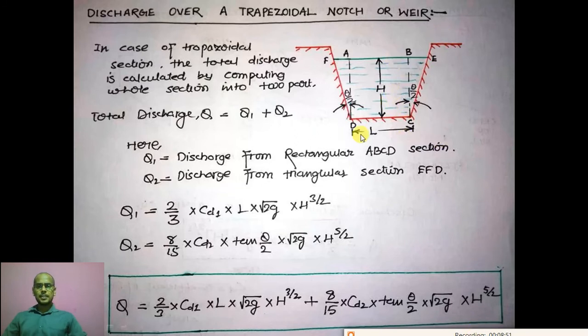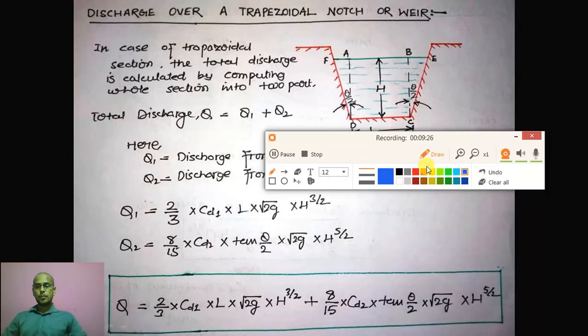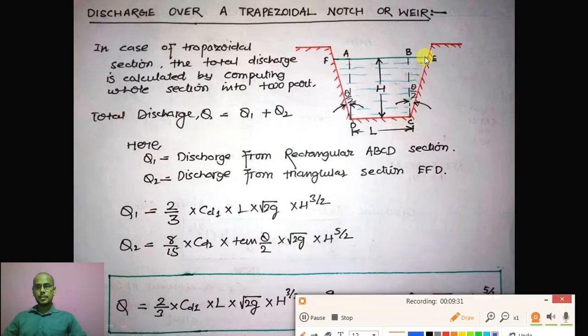Okay, so this is a trapezoidal shape that you are getting on your screen. It is AFDCEB. This is my section, as you can see in the diagram, this is the front view, and water is flowing through it. The head of water is h, as given here, and the bottom side of the trapezoidal shape is L, the base is L. As you can see, if we want, we can divide the whole section into 3 parts, isn't it?